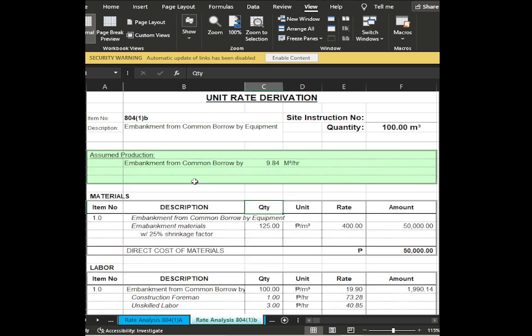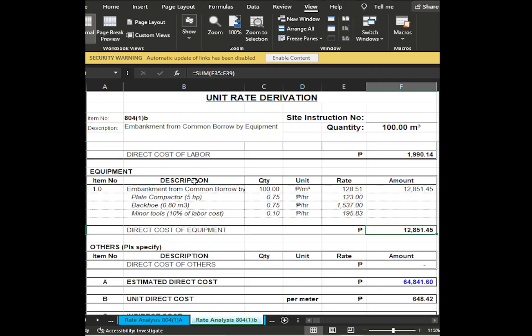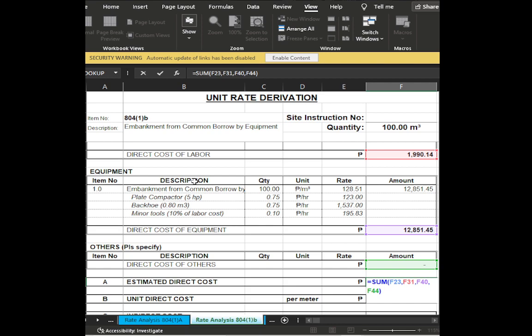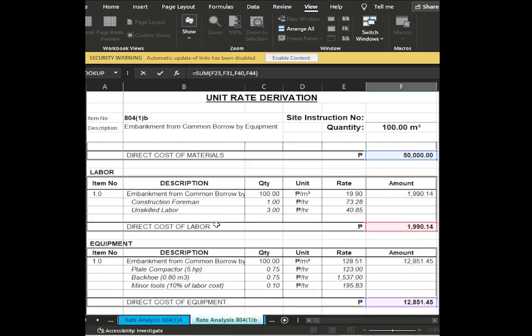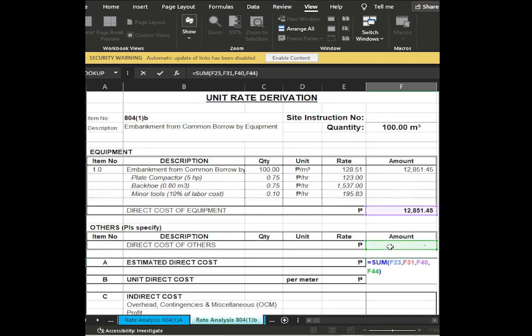As I said, the only difference is the material. We add material for this one because this is from common borrow. We did not use materials from structural excavation. So the estimated direct cost is the total of the materials, the labor, and the equipment.